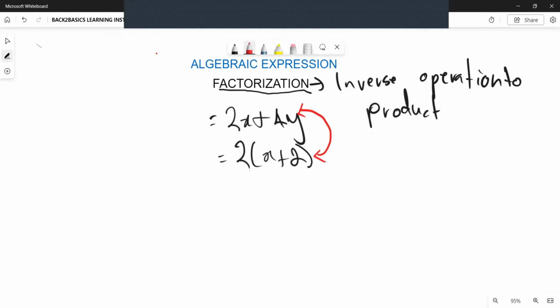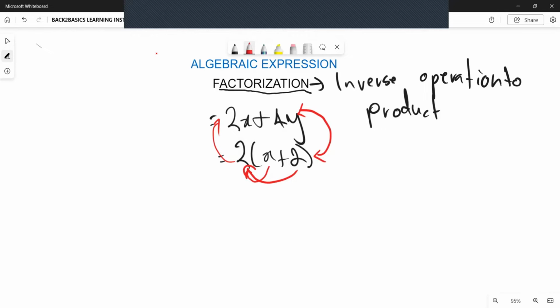Are we together? You can also move from here and multiply it back so that you go back to your original sum. If you are able to do that, then that is factorization.